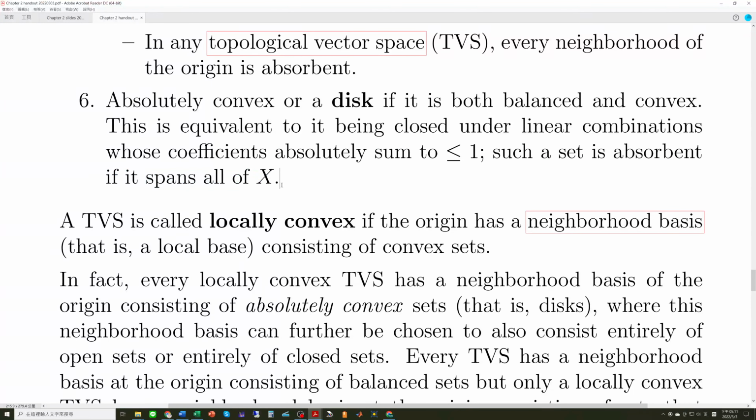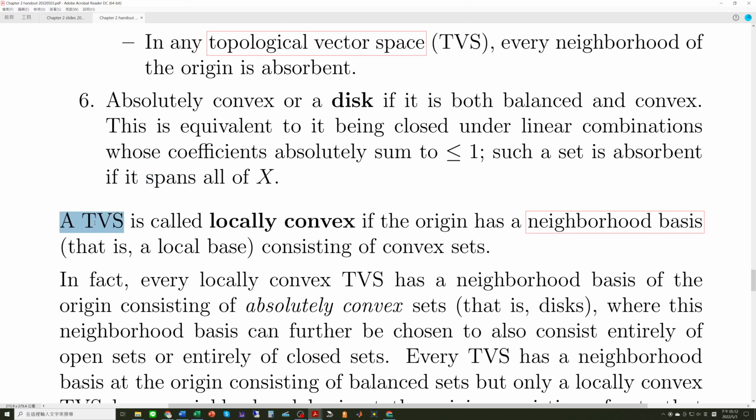Do you remember what is the meaning of span? I believe that you have already learned it when you take the course linear algebra. If you forget it, please review the textbook of the course linear algebra.